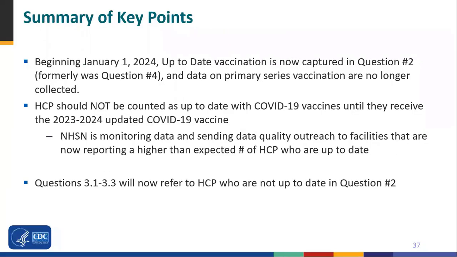Let's briefly review the key points again. For quarter 2, only count healthcare personnel who received the 2023-24 updated COVID-19 vaccine. Please note that many healthcare personnel who previously completed their primary series are not counted as up to date.